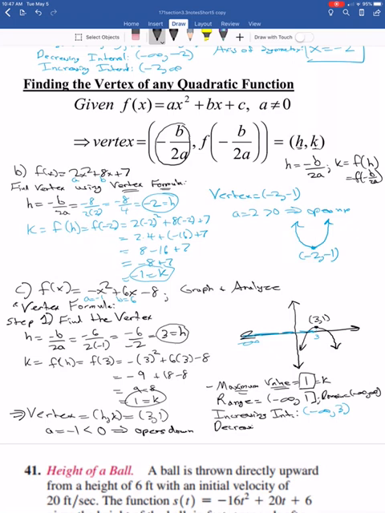Our decreasing interval, as we look at our graph, with the turning point at the vertex, is all x values greater than 3, so 3 to infinity. And then our line of symmetry, or axis of symmetry, is the vertical line x equal to 3. That vertical line right down the middle, right through the vertex, is your line of symmetry.